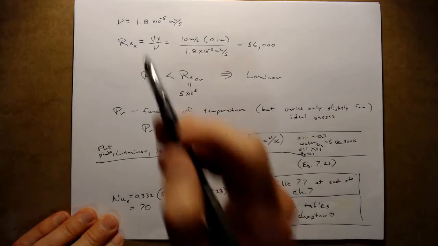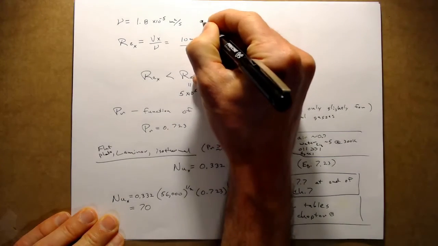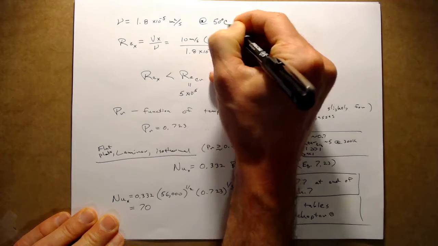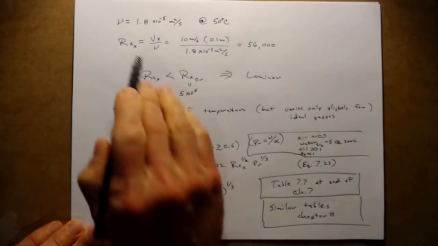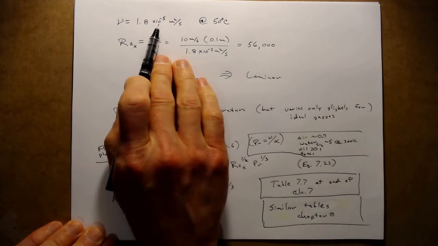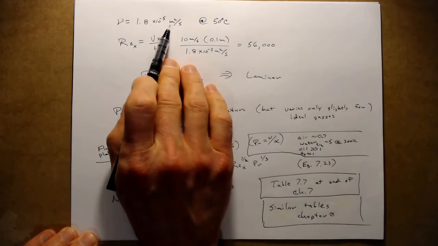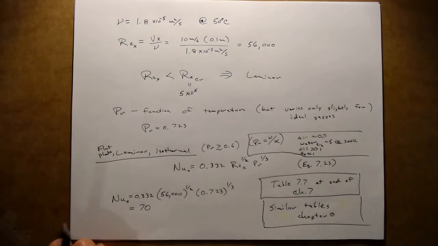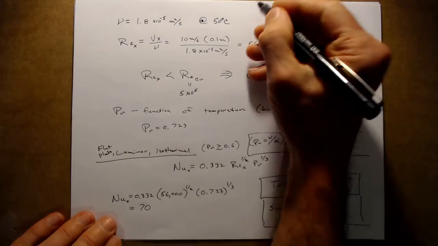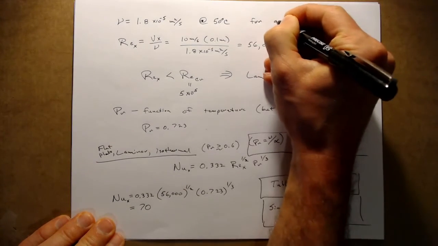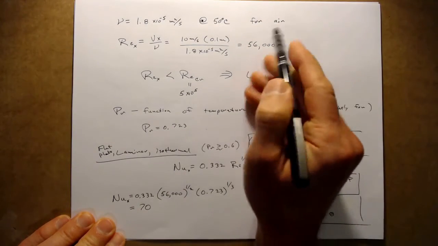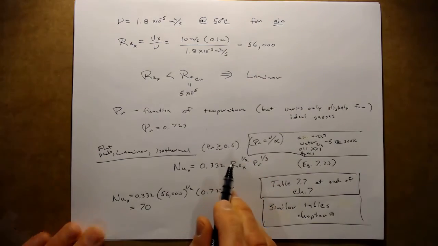Okay, so at that film temperature of 50 degrees Celsius, we can look up in a table and find that the kinematic viscosity is about 1.8e-5 meters squared per second. And again, this is for air, so we have to specify the composition of the fluid we're dealing with.